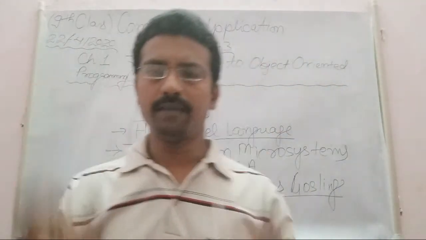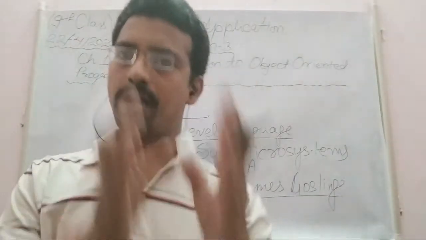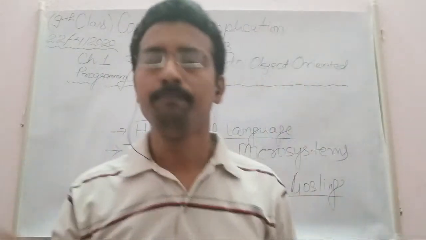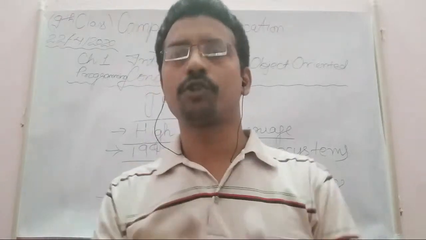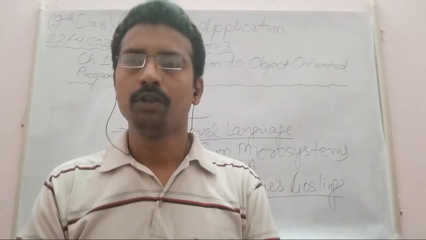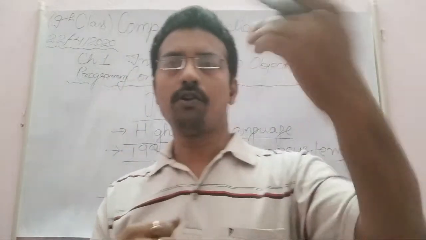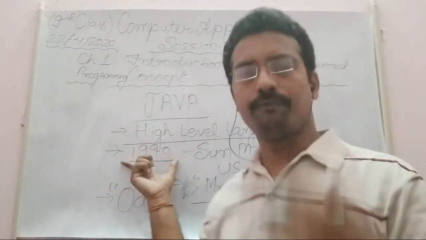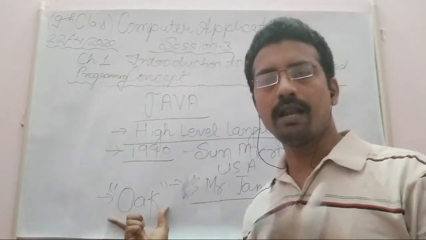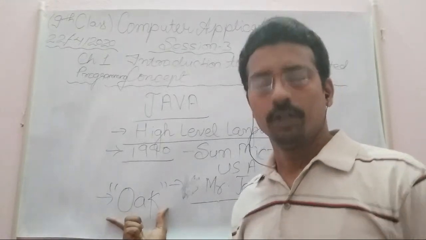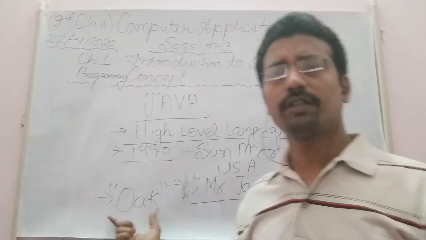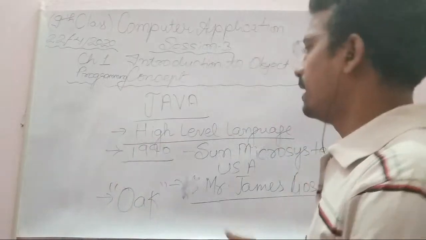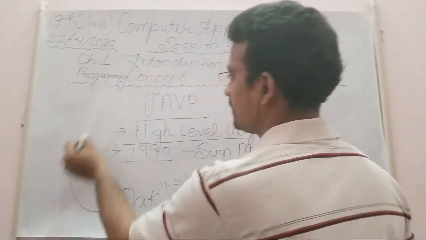One day, James Gosling was thinking about what name should be given to this language, which is now Java but earlier had no name. He saw an oak tree in front of his window, so he decided that his new language would be given the initial name Oak. This name continued till 1995, and in 1995 its official name was changed to Java.